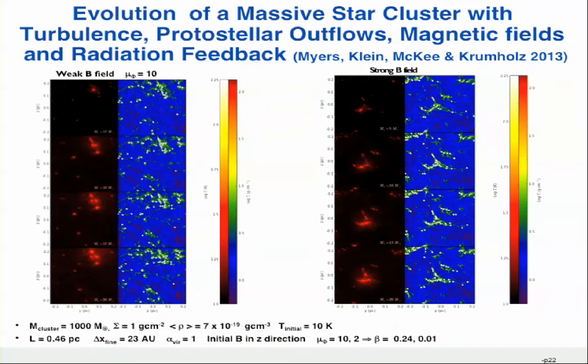These calculations show what happens as we go from clusters that have mass to flux ratios of 10, which is in fact at the tail end of what's being observed, to clusters that have stronger magnetic fields that have mass to flux ratios of about 2. That is typical for what observers actually see, and the corresponding plasma betas are 0.24 and 10 to the minus 1.